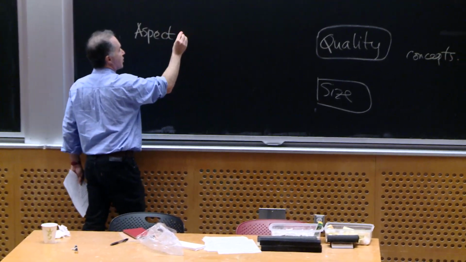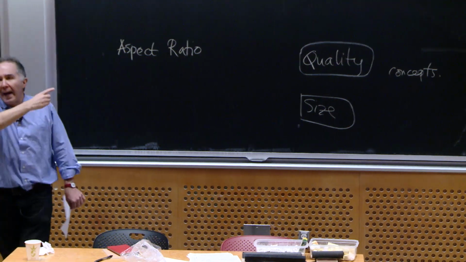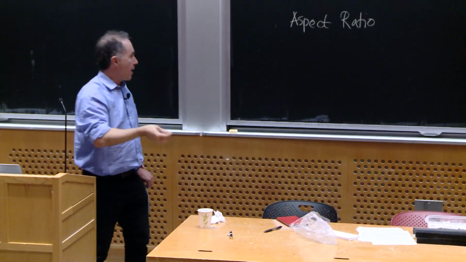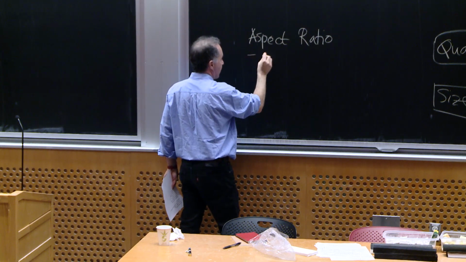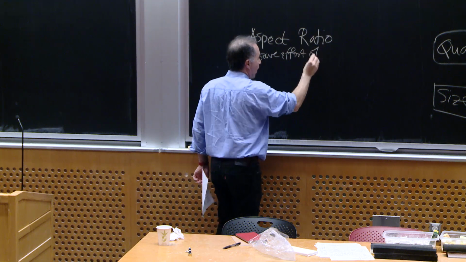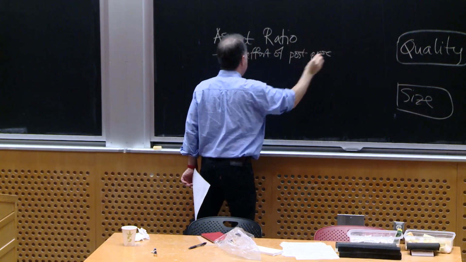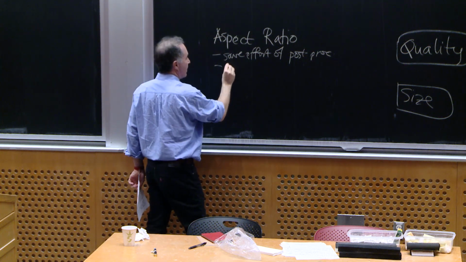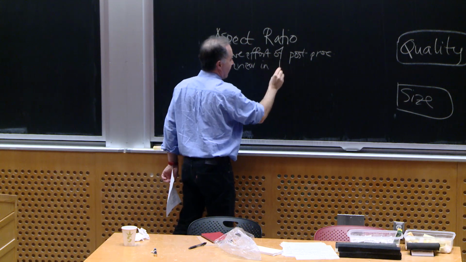Because there might be other things you do, like change the quality. And by the way, I'm going to call it aspect ratio as the purpose. It's not just, Julia's right, it's basically saving the effort of post-processing. And it's also being able to preview in 1:1, say.